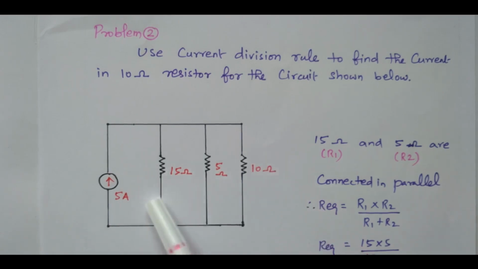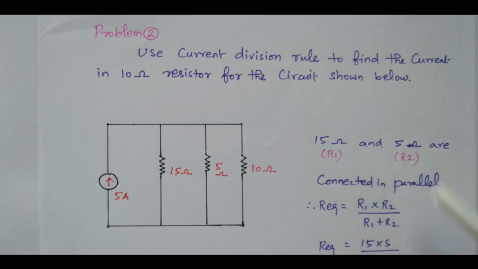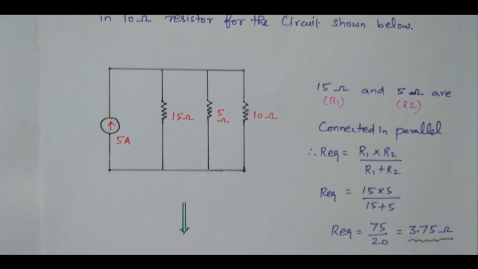These two are connected in parallel, so we will make them a single resistor based on the parallel combination. That is, 15 ohm and 5 ohm are connected in parallel. We will take 15 ohm as R1 and 5 ohm as R2. What is the equivalent resistance?